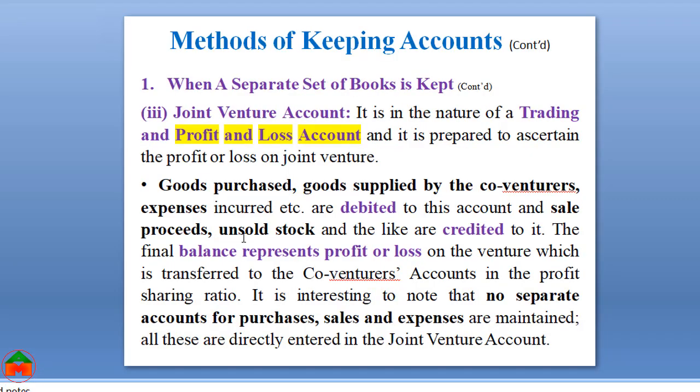Since we are going to learn about the journal entries, we will get a clear idea about the necessary journal. In the joint venture account, which can be considered as the profit and loss account, we show the goods purchased, goods supplied by the co-venturers, and all other expenses in the debit side.